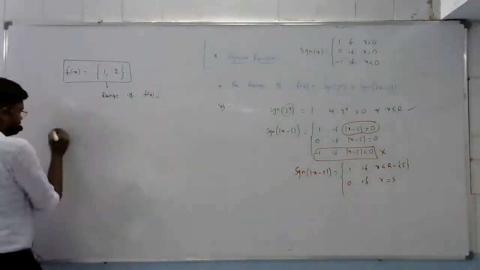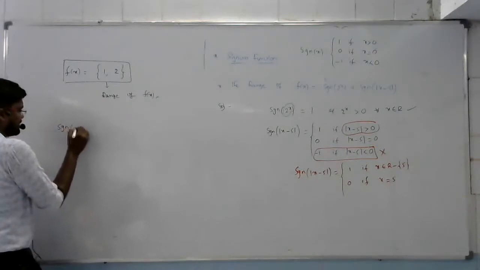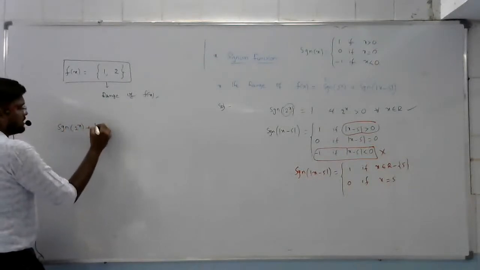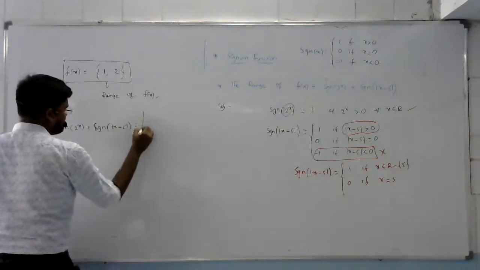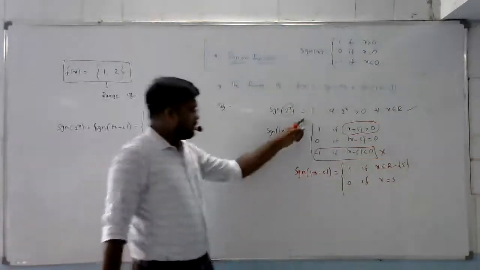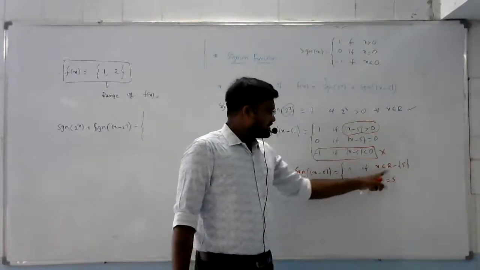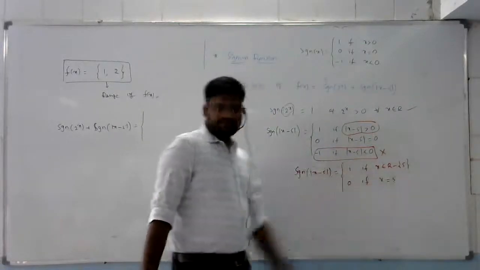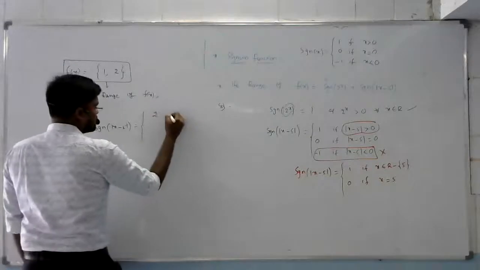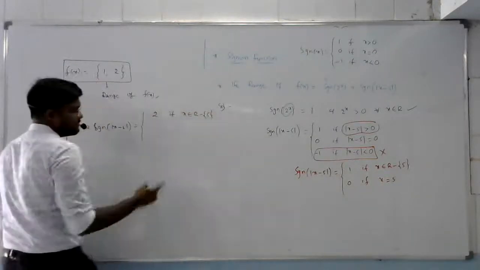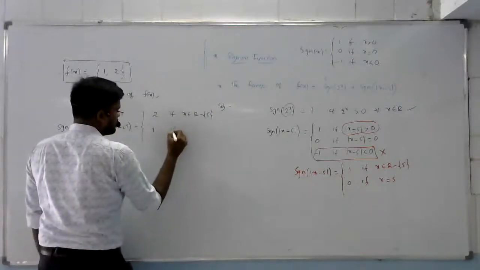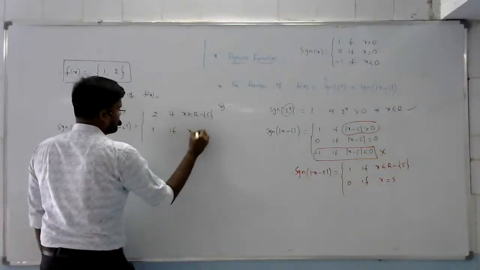More clearly, if you want to write it, signum of 2 power x plus signum of modulus of x minus 5 will be equal to 1 plus 1, that is 2, if x belongs to all real numbers except 5, right? And 1 plus 0, that is 1, if x is equal to 5.